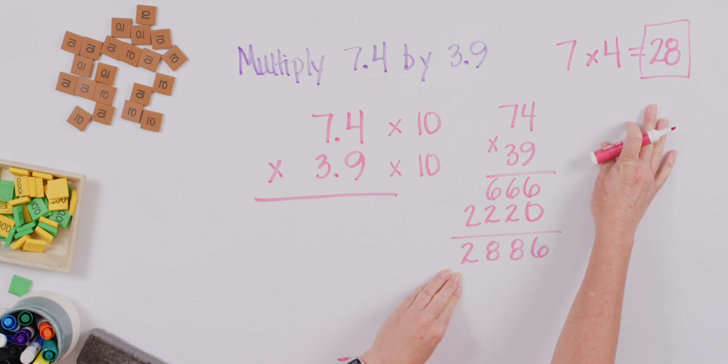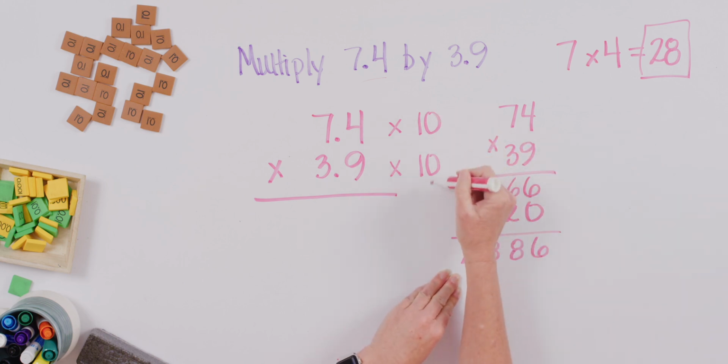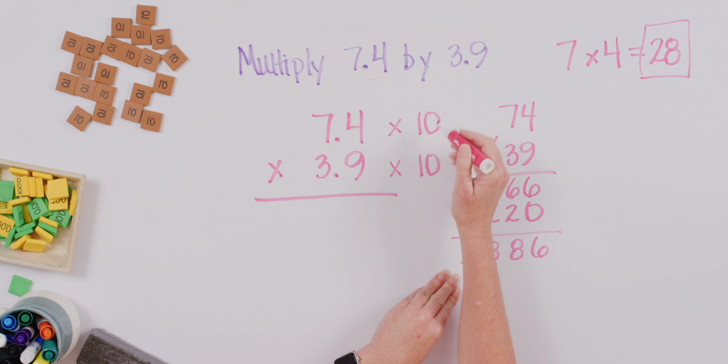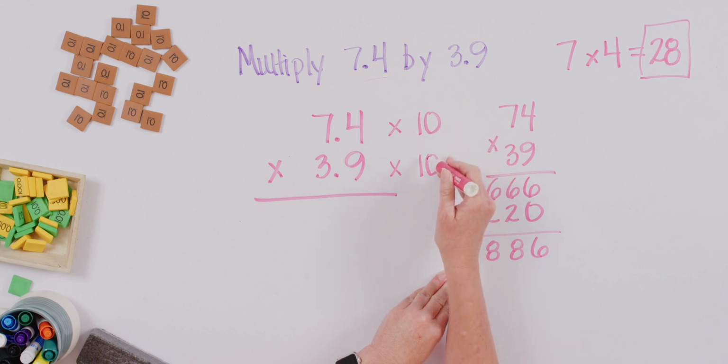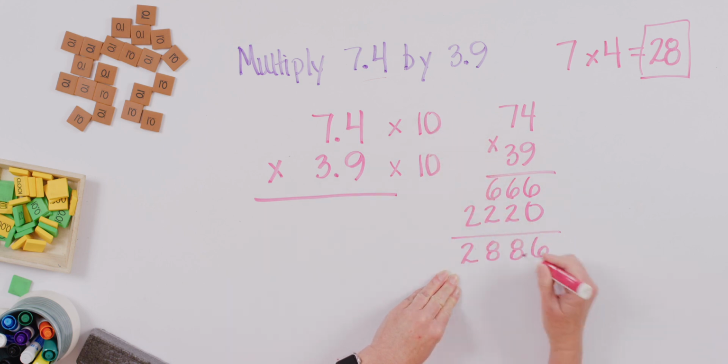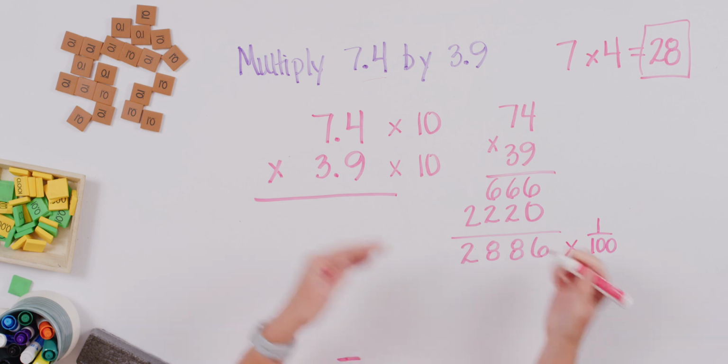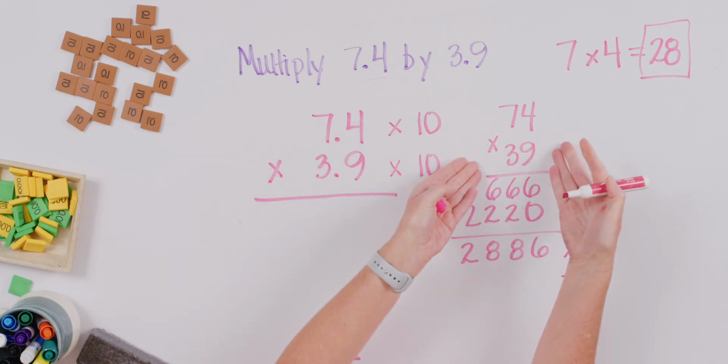No, it certainly isn't. But we see I multiplied each of these by 10. So what must I do now to my answer over here? Well, what's 10 times 10? 100, right? So now I need to multiply this by 1/100th or divide it by 100. Okay, so each one of them is 10 times the amount.